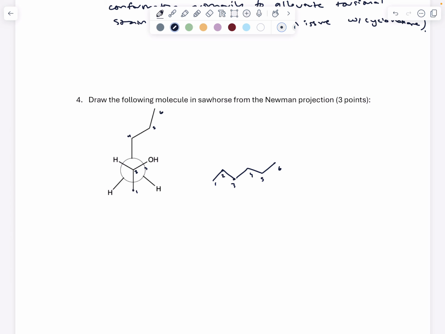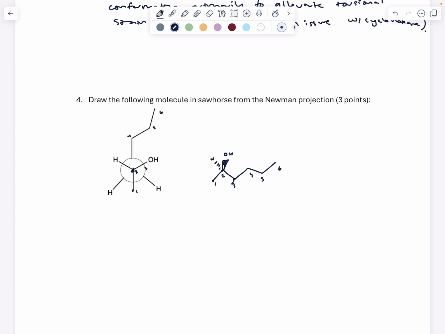So the first carbon is just CH3 right here. Second carbon has an alcohol pointing up and to the right. So we could actually probably just do this straight up. We don't have to draw in the hydrogens if we don't want to, but you can. And then the next one we had, let's see, we just have 2 hydrogens, and then that's it.